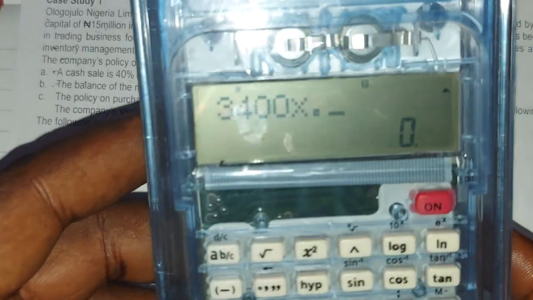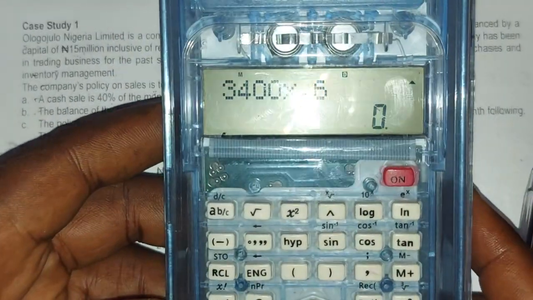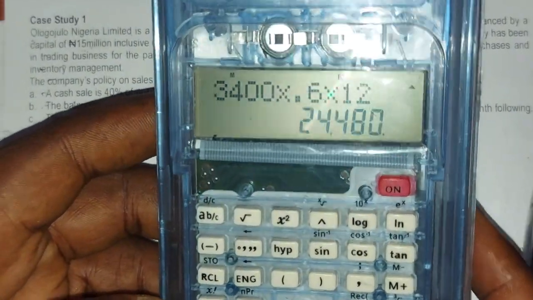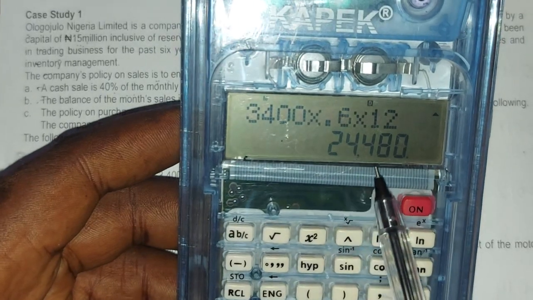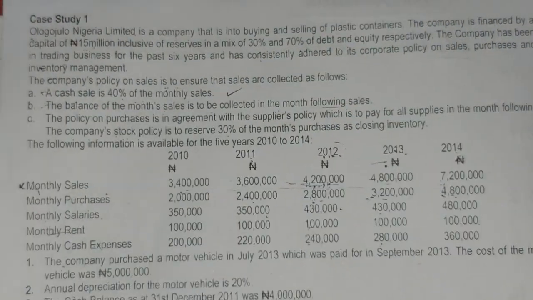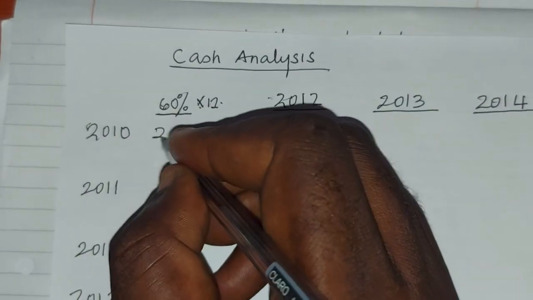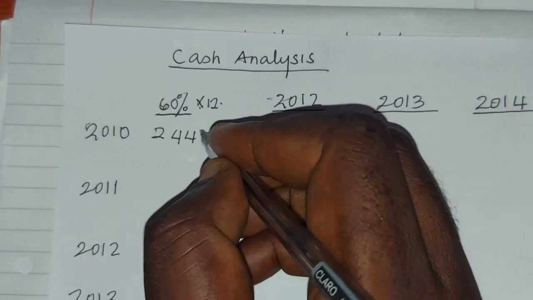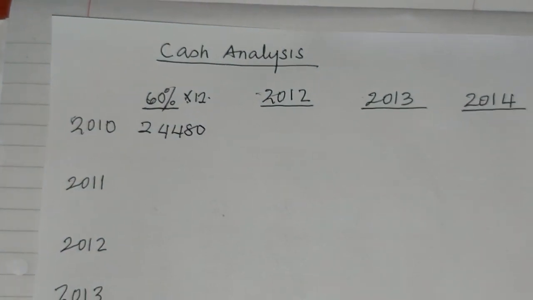That is 34 multiplied by 60% times 12, and that gives 24,480.